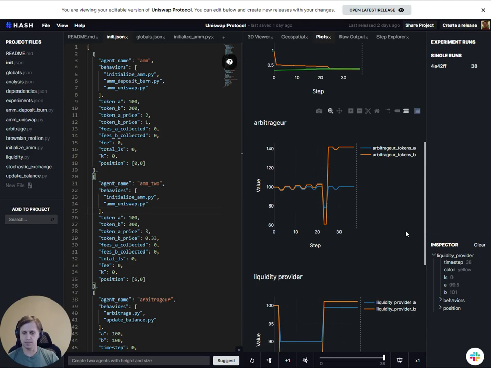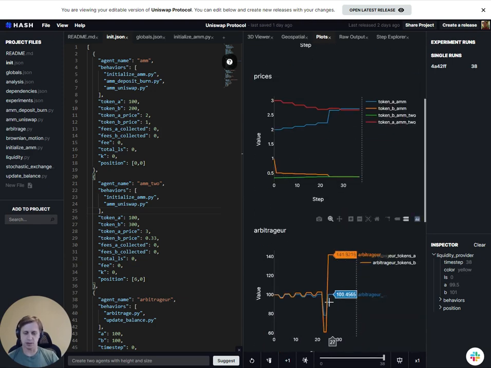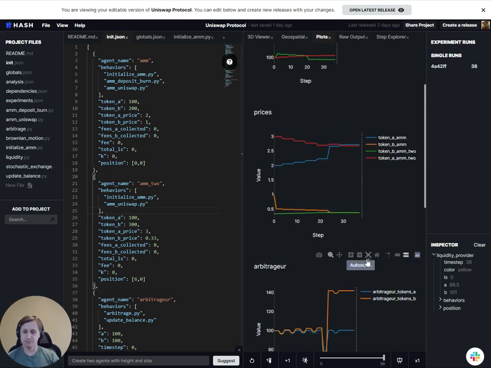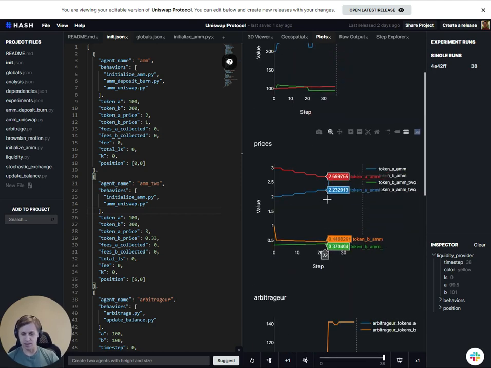Big jump here. And interestingly, I didn't really expect this when I was doing the simulation. It created a bit of a rug pull effect. That's a term you might want to Google. It was inadvertent, but it caused a sudden change in prices as liquidity decreased from the AMM. And we see that here, a jump up, and then also a significant decrease in the token B price.